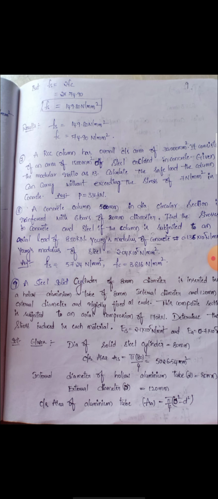We have to calculate the stresses developed in the concrete and steel when it is subjected to an axial load of 850 kilonewton. Young's modulus of concrete is 0.136 into 10 power 5 Newton per mm square, and Young's modulus of steel is 2.04 into 10 power 5 Newton per mm square. This is the given data.